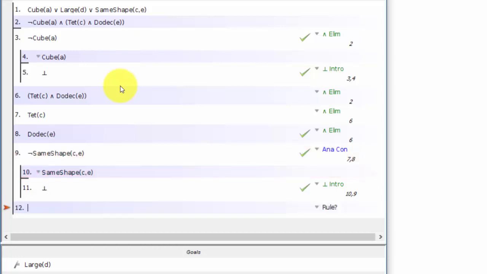And then we pointed out that that leaves us with only one option left in our disjunction, namely that D is large.